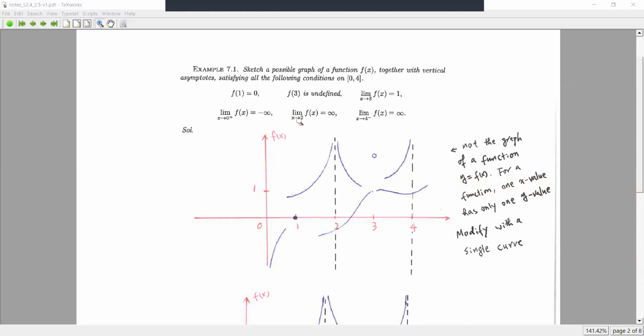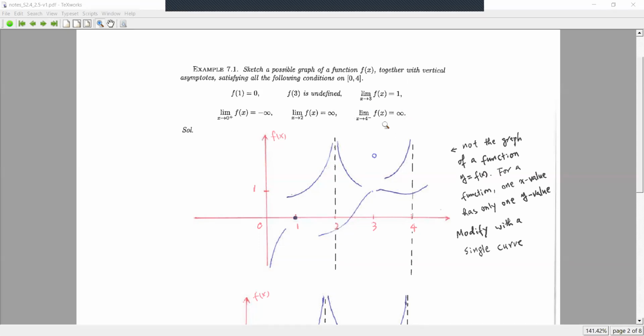As x approaches the number 2, function approaches positive infinity. This is an infinite limit. Here x approaches 2 from either side, and the graph goes up to positive infinity.